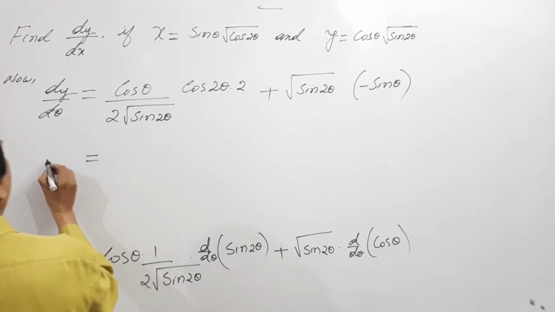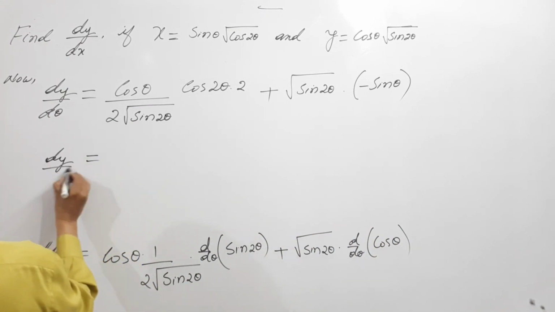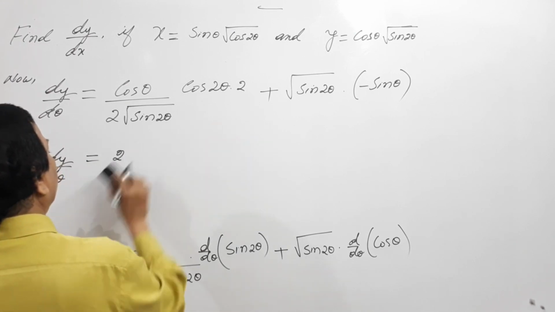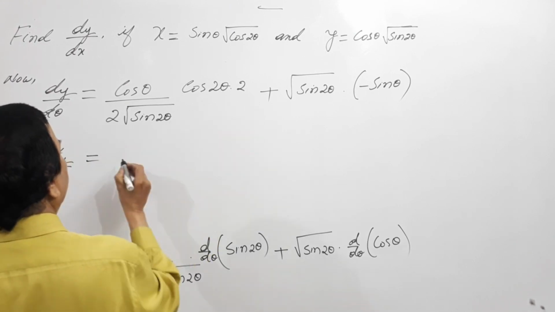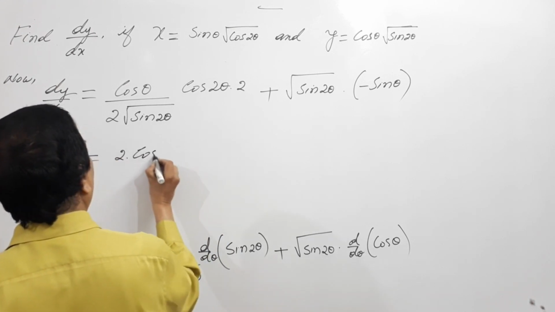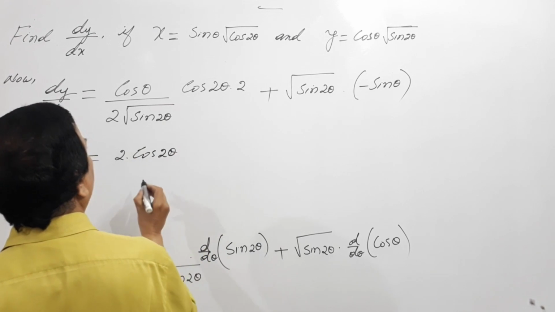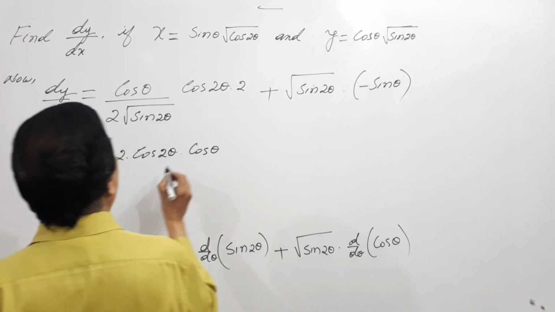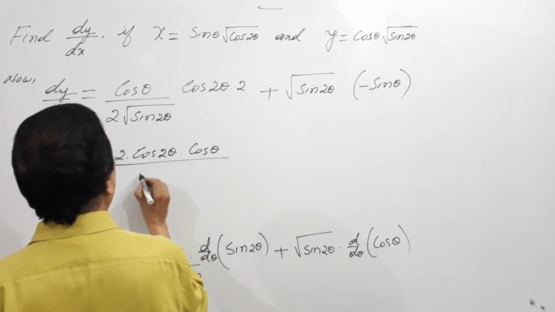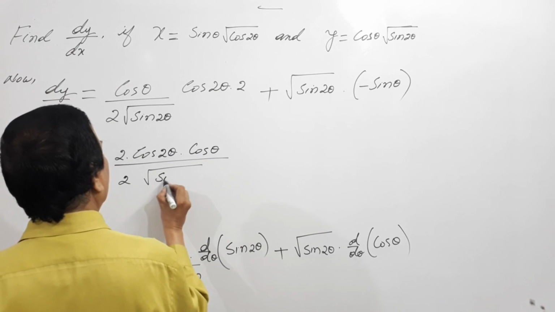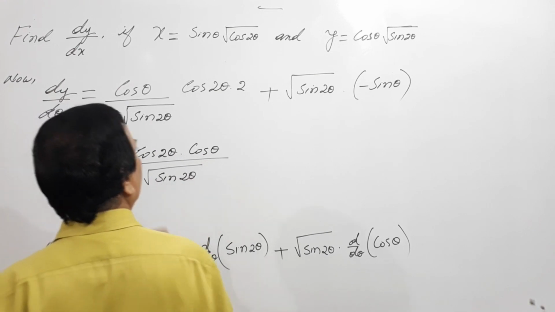So this equals dy by d theta. I take this 2 here, 2 into cos 2 theta into cos theta by 2 into under the root sin 2 theta.